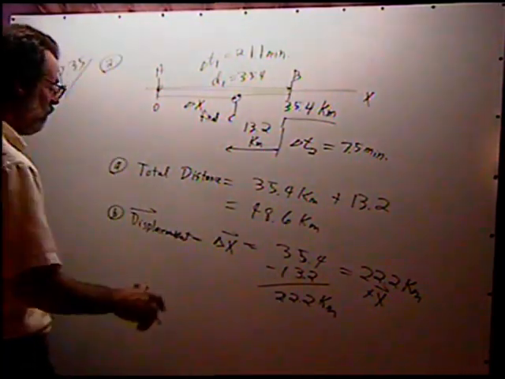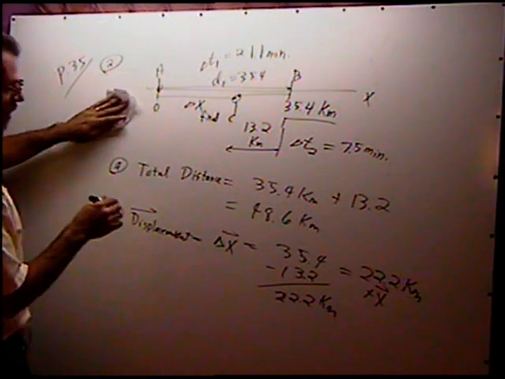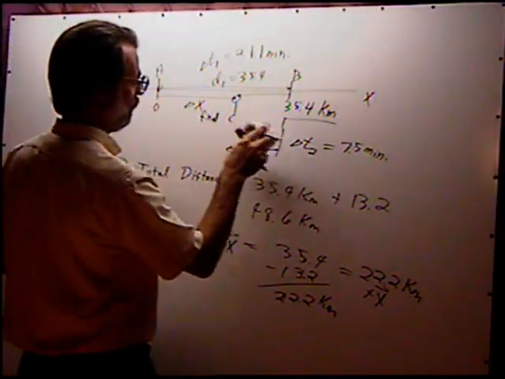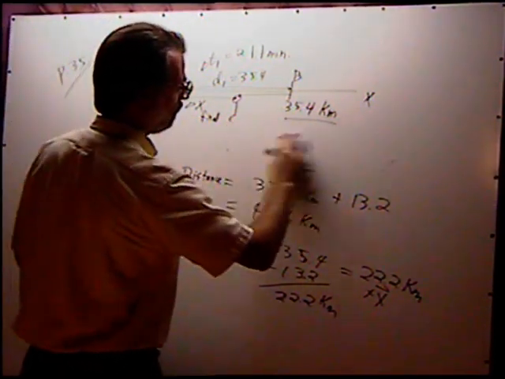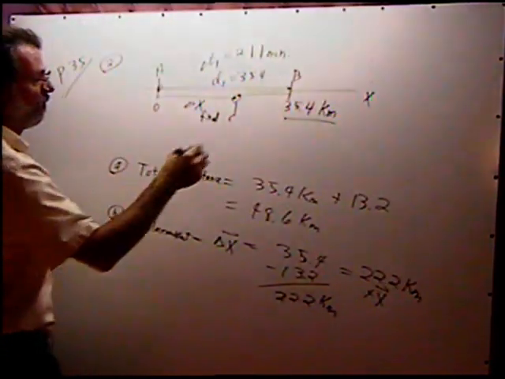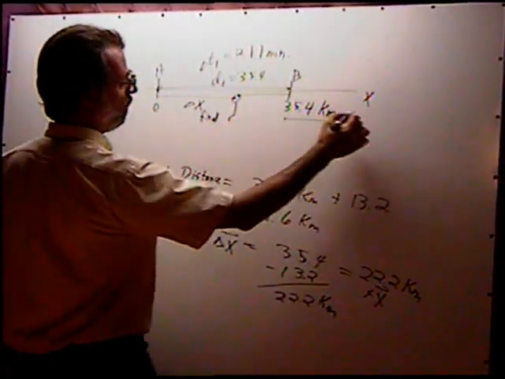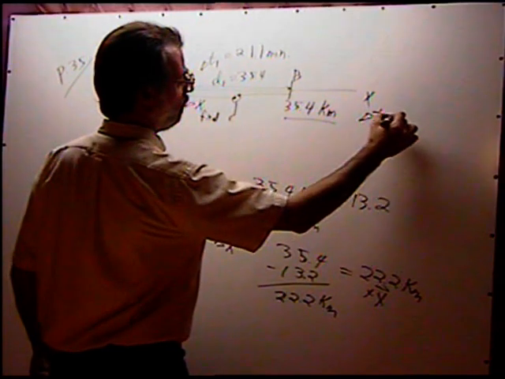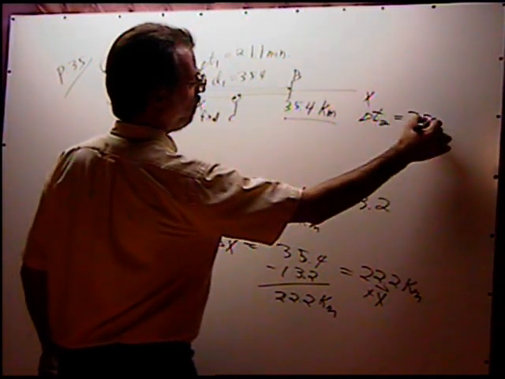Okay, the average speed, I'm going to put that over here. This delta T2 was 7.5 minutes.